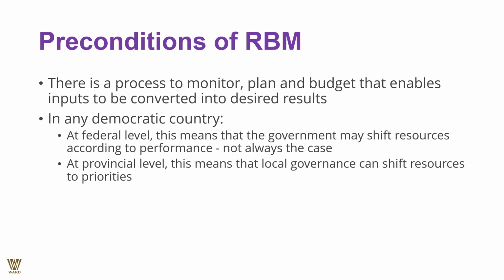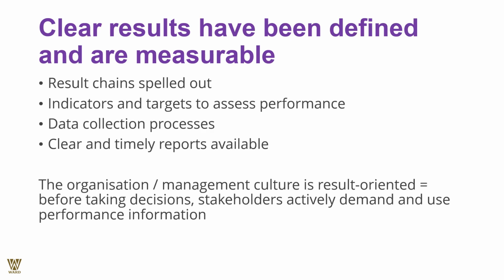At the provincial level, or should I say at a local governance level, the resources can shift their priorities as and when required. We will talk about the clear results to have been identified and measurable result chains spelled out, indicators and targets to assess performances. The data collection processes are there, and clear and timely reports are available.